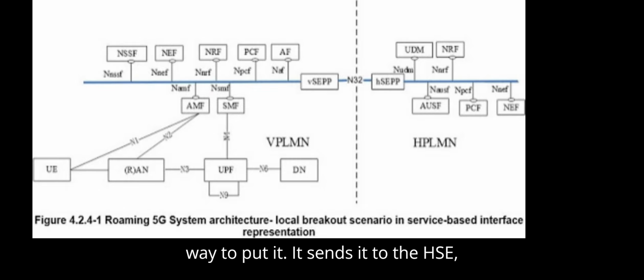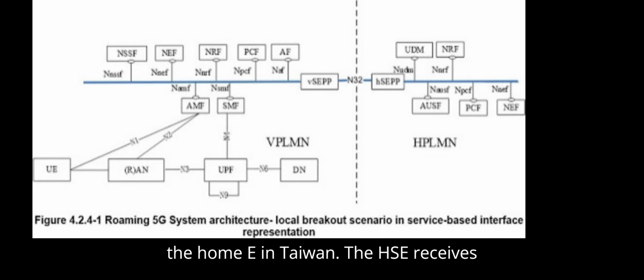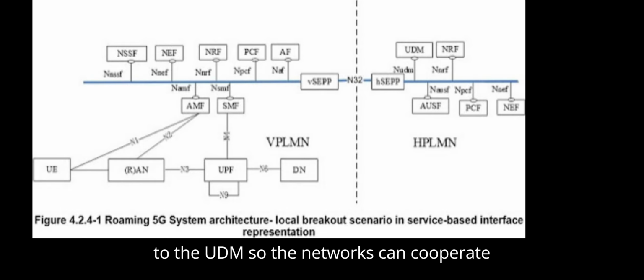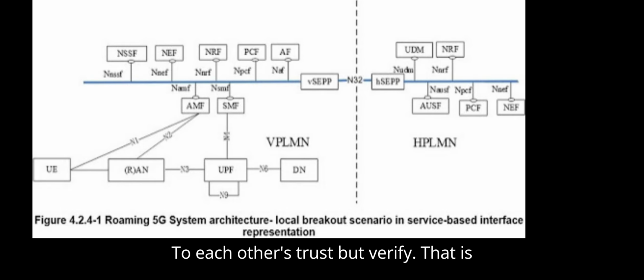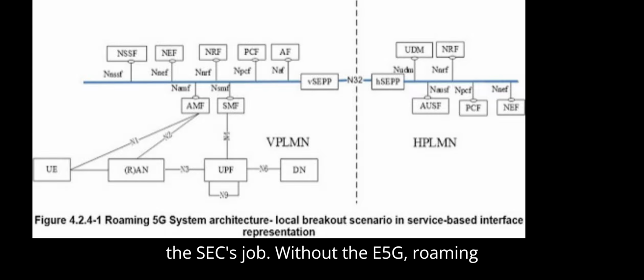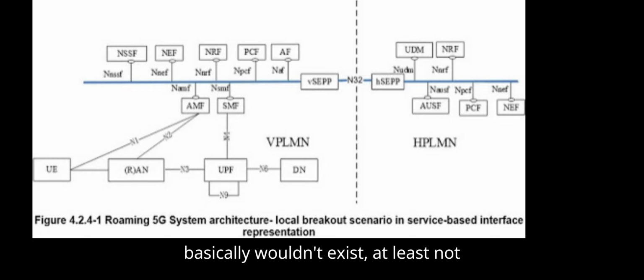That's a perfect way to put it. It sends it to the HSEPP, the home SEPP in Taiwan. The HSEPP receives it, decrypts it, checks that it's coming from a trusted partner, and then it hands it to the UDM. So the networks can cooperate without exposing their soft underbellies to each other. Trust, but verify. That is the SEPP's job. Without the SEPP, 5G roaming basically wouldn't exist, at least not securely.